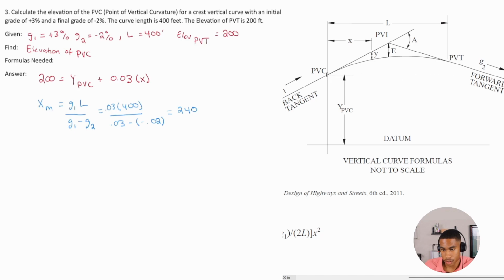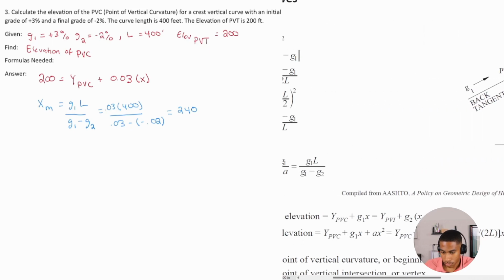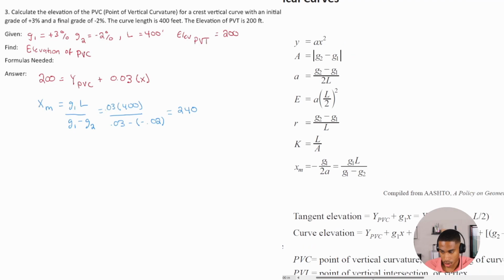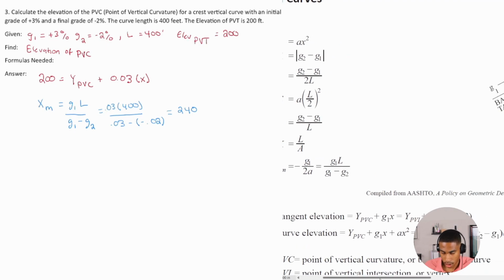So that horizontal distance is important to help us solve this problem. All right. So going back.